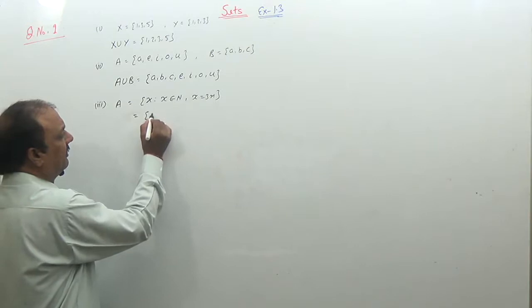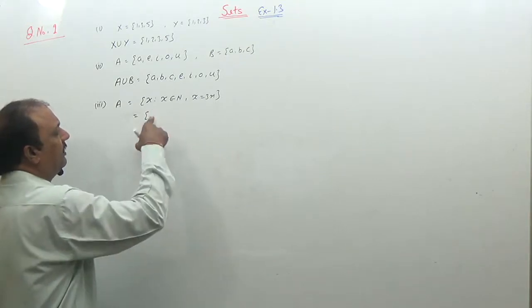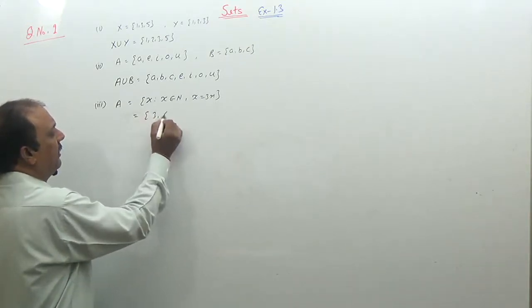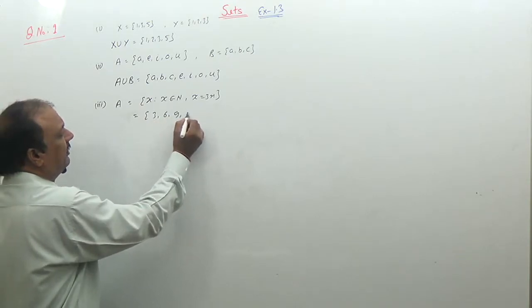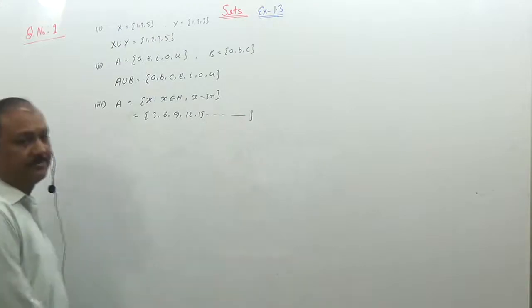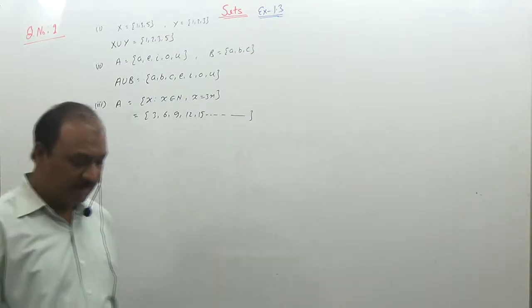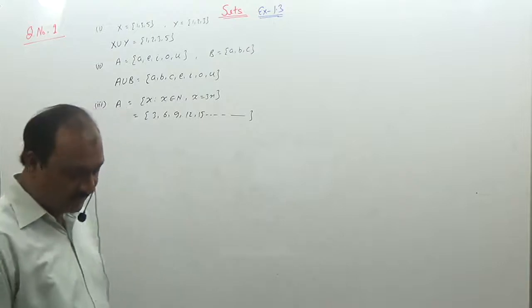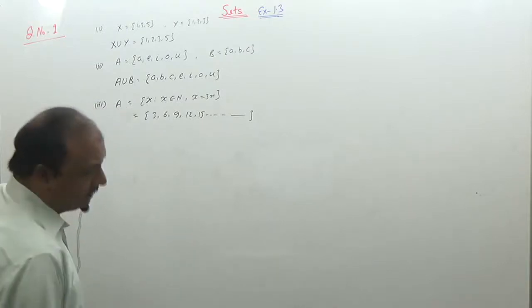This is the set of all natural numbers which are multiples of 3: 3, 6, 9, 12, 15 and so on. It is an infinite set. So this one is the set A which contains the natural numbers that are multiples of 3.